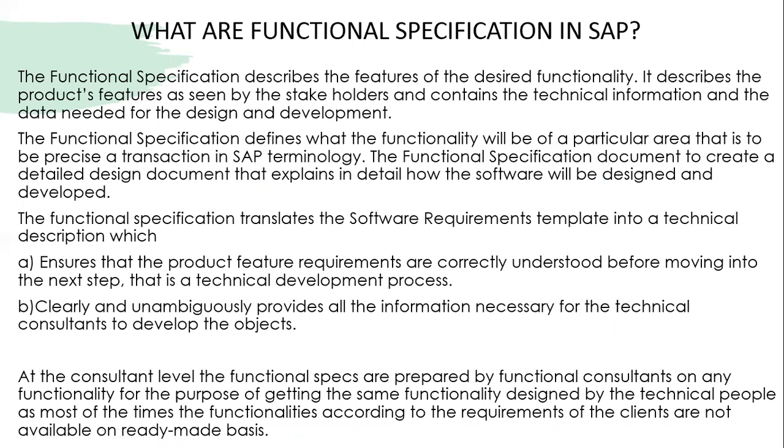The functional specification describes the features of the desired functionality. It describes the product features as seen by the stakeholders and contains the technical information and data needed for the design and development. If you have gone through the previous video, we talked about the various phases that a typical S/4HANA finance project will go through.